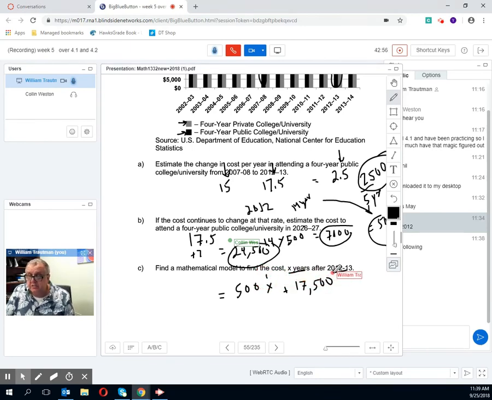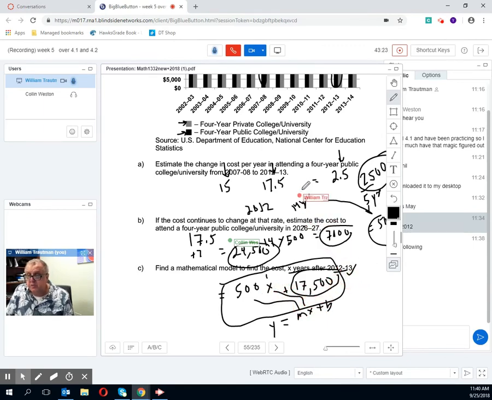It's 17,500 plus 500 times two, which is 1,000. So the mathematical model means write the equation, and I'm using the slope intercept form, y equals mx plus b. We started with 17,500 in that year, and each year we're increasing, our slope is 500. So 500x plus 17,500 is the mathematical model.